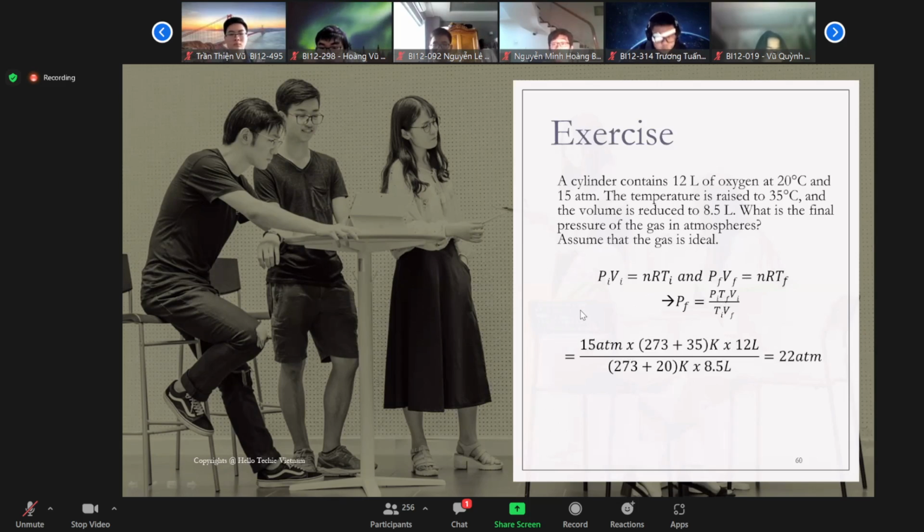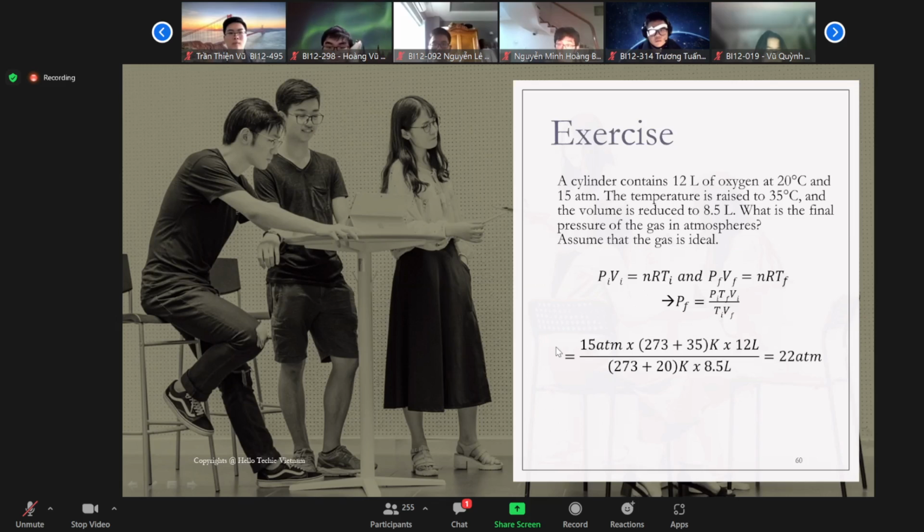You can express the pressure in atmospheres or Pascals, and the volume in liters or cubic meters, it is up to you, because when we apply it, the volume will be gone.